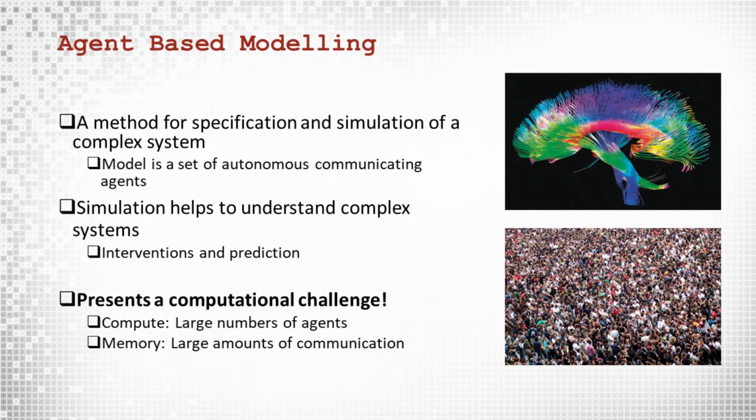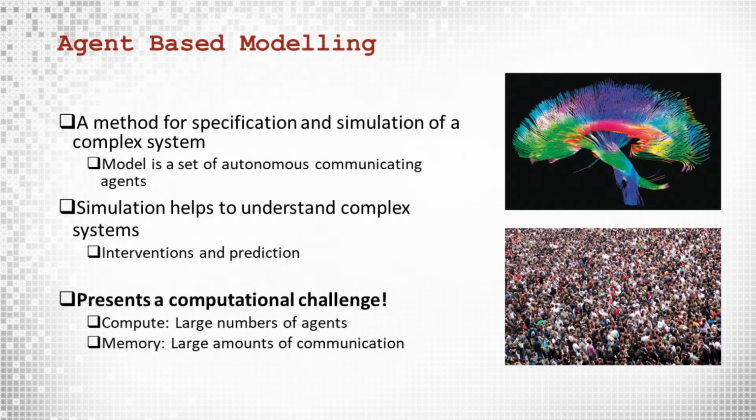There are examples of complex systems everywhere, whether it be neurons in the brain interacting and producing intelligent behavior, the dynamics of crowds, or cells producing complex biological behavior. But agent-based modeling is an approach to modeling these types of systems that takes a bottom-up approach. You model the individuals, you model their interactions, and then you simulate and observe the emergent behavior.